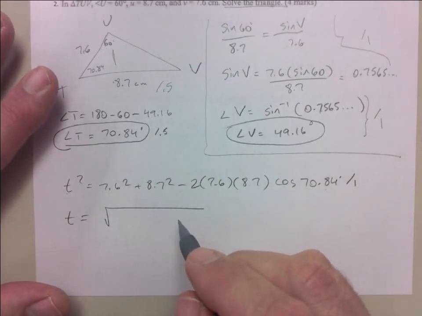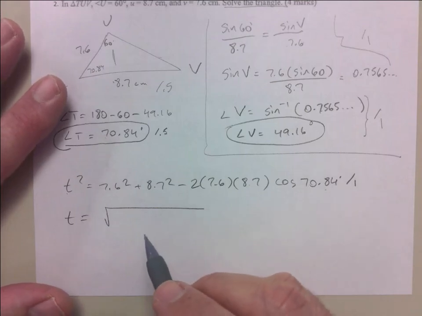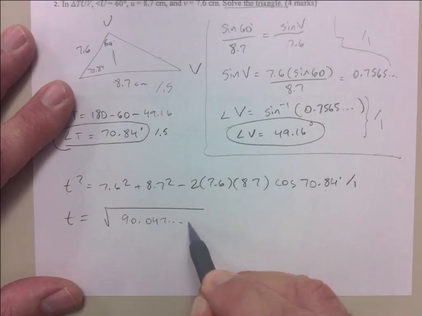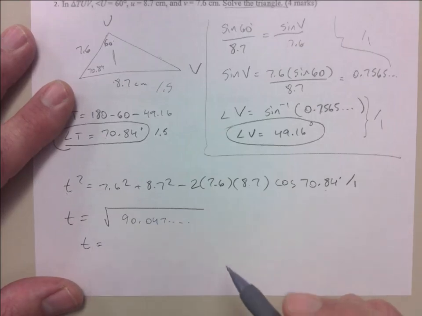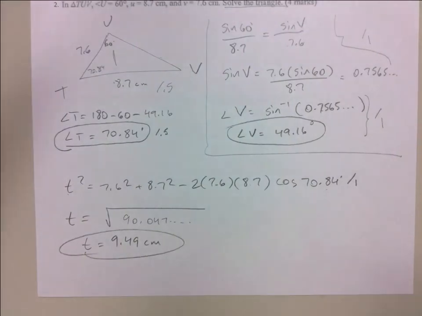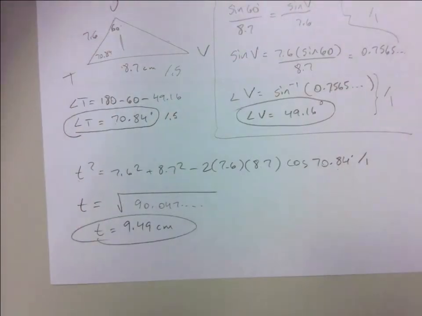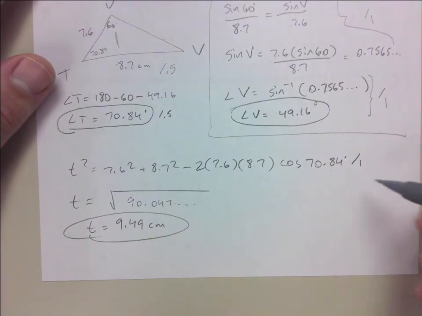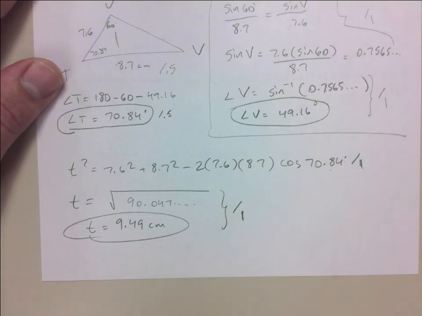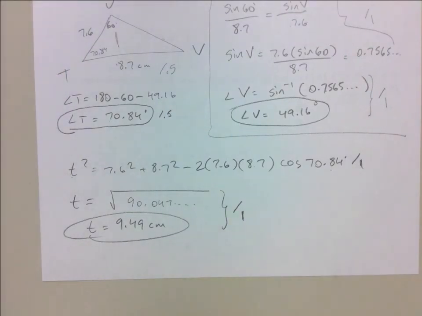This way you get, in the root, 90.047 something. So T is 9.49, and I used sine law, and I got the exact same thing on my key. So that's fine. So 1 mark for the setup, and we'll just go 1 mark for the correct work and final answer.